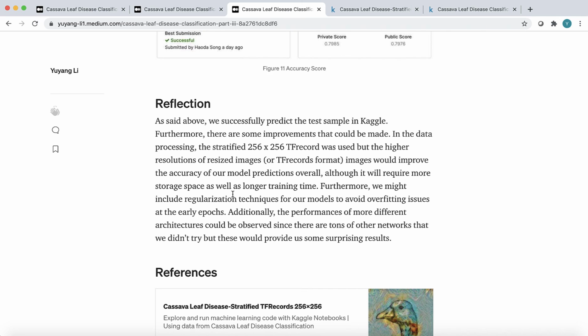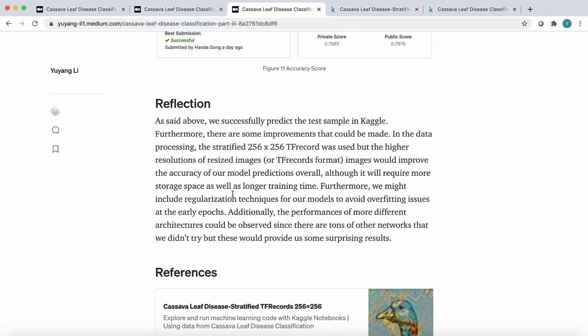Well, at last, let's move to the part of reflection. In summary, we experimented with 4 different network models for the leaf disease prediction. Reflecting on the previous research, we could make more improvements in future.